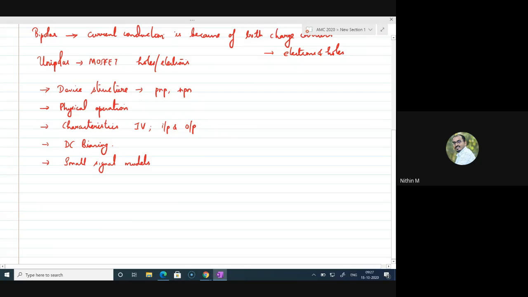Once we are done with MOSFET, we start with structure, operation, characteristics, then DC biasing, then small signal model, and finally amplifier configurations. One difference is that we took a long time to cover MOSFET, around 20 lectures, but for BJT I think we will take only half the time because many things we can compare and move forward.